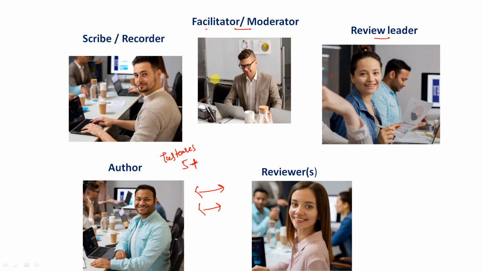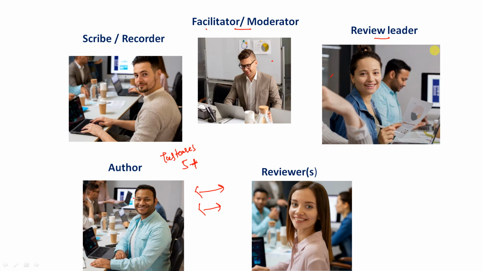All right. So now we will not forget, I guess. He's an author, she's a reviewer, and she's a review leader, facilitator, moderator, scribe. The scribe or recorder's role is to record and gather the potential defects found. The facilitator is the one who works for the success of these reviews and ensures the review is going in a proper way.